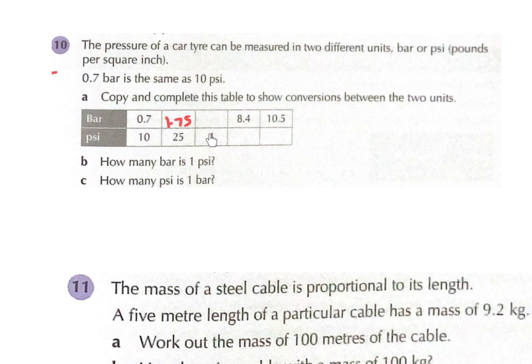Cross multiply, 4 times 1.75 divide 25. 0.28. Next one, 4 times 8.4 divide 0.28. 120. The last one, 120 times 10.5 divide 8.4. 150.